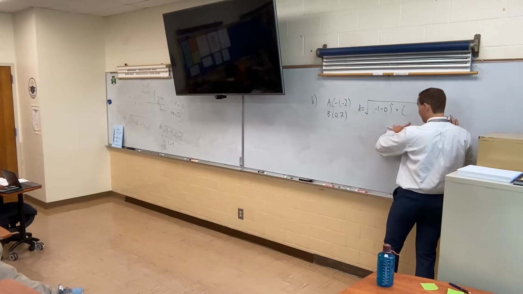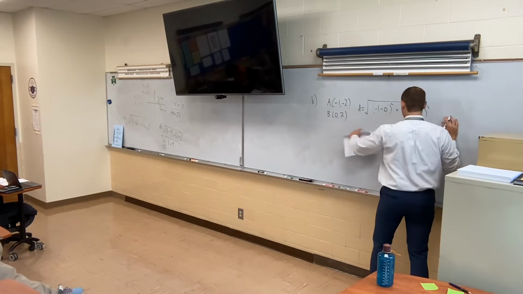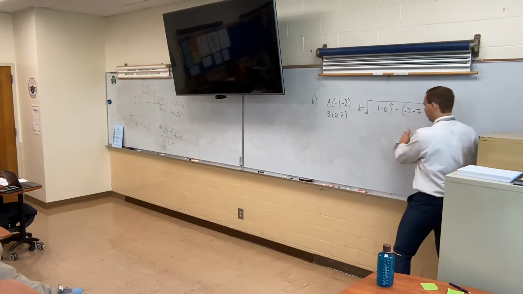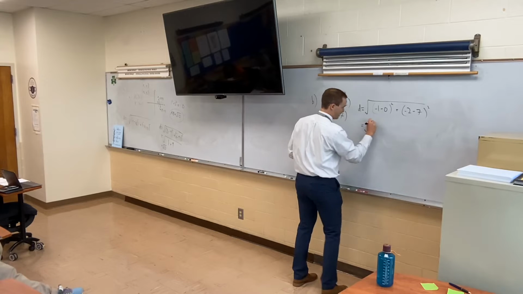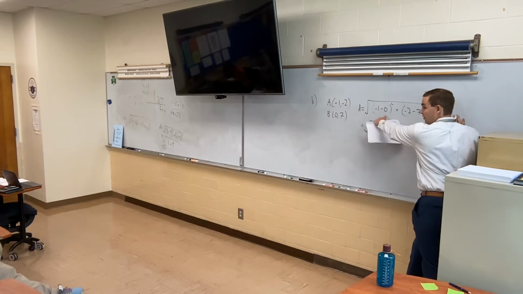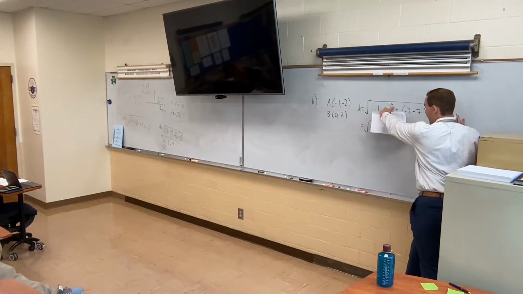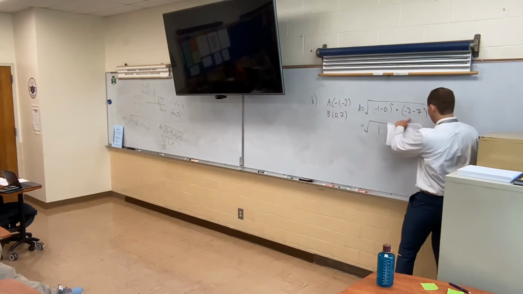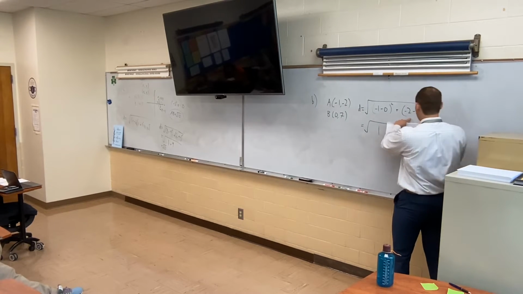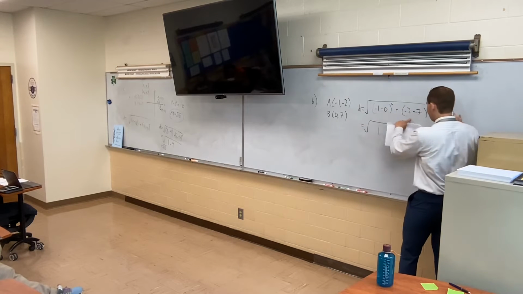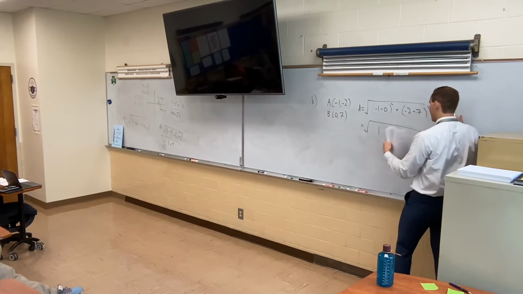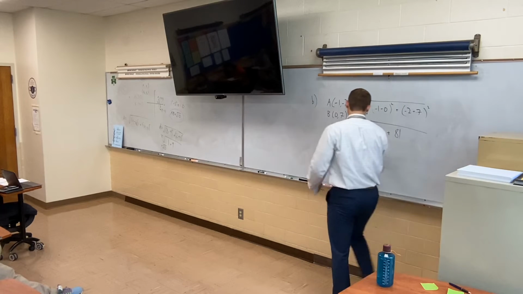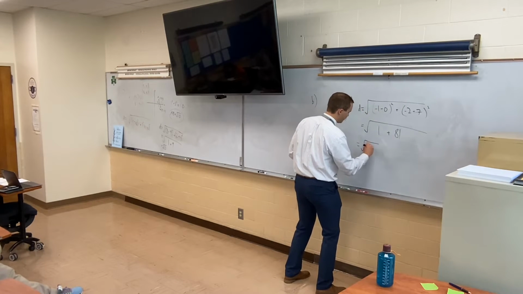The difference between my y's, -2 and 7, squared. So that gives me -1 minus 0 is -1, -1 squared is 1. And -2 minus 7 is -9, plus -9 squared is 81. So I get square root of 82.